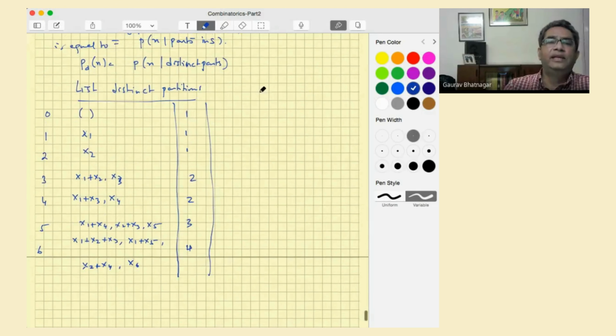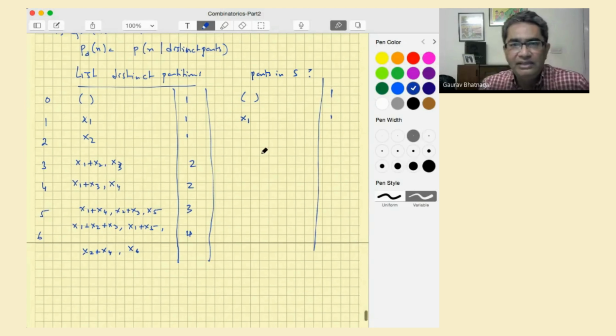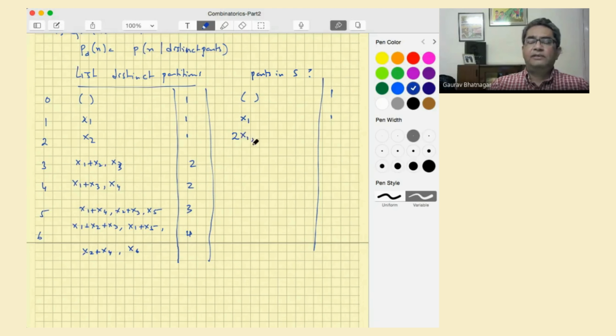And then he says, okay, let's list with parts in S. So this is no problem, no part. There's only one possibility. There's one here, so I need one, right? So there's only one possibility. I have to have x1. So the question is x1 in S? Is 1 in S? Now, if parts are in S, then this is a partition.